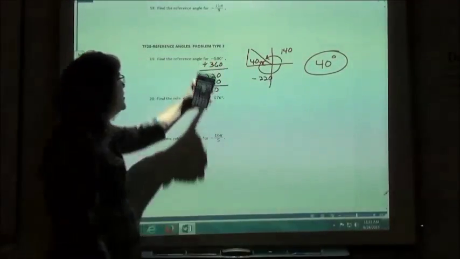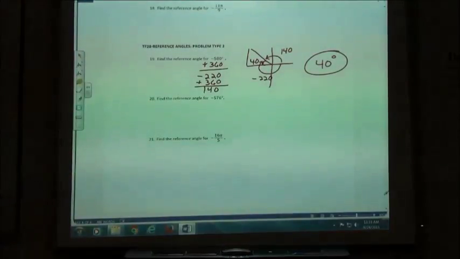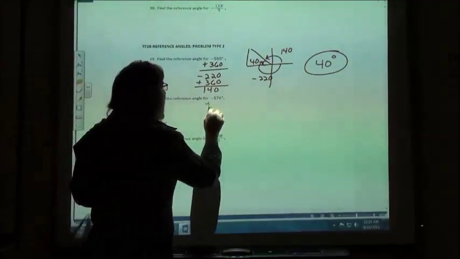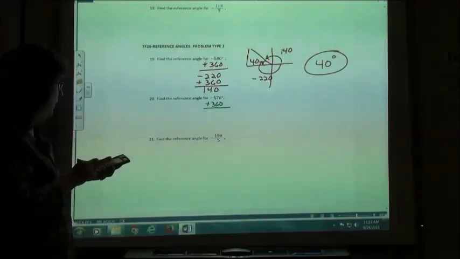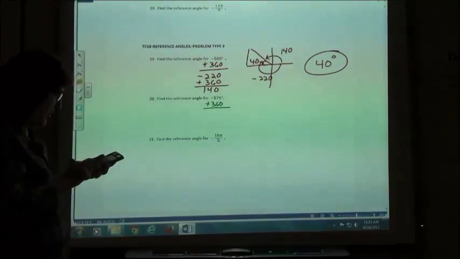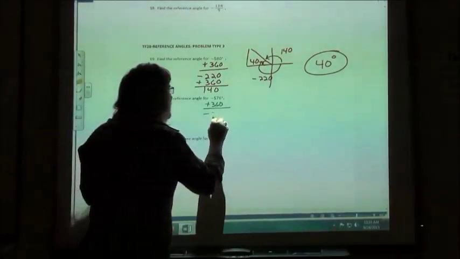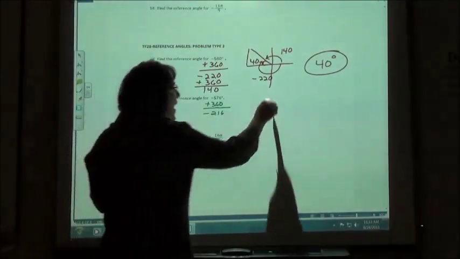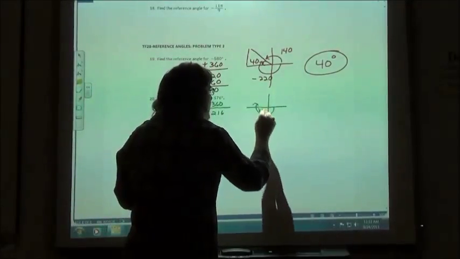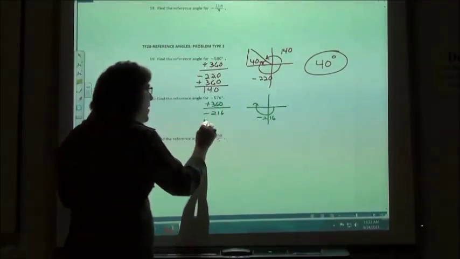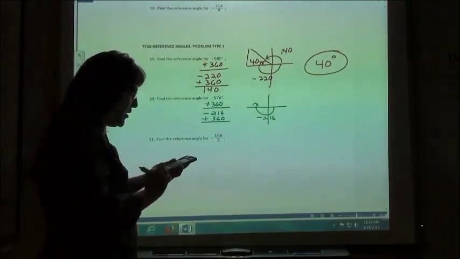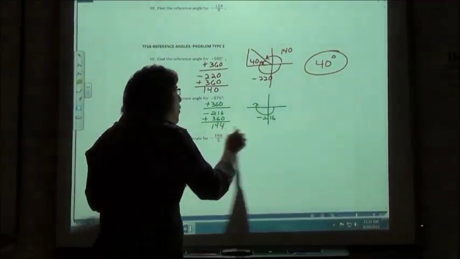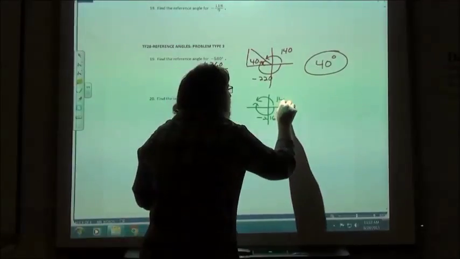So number 20, they didn't change that one a whole lot. I want to find the reference angle for negative 576 degrees. So again, if I add 360, negative 576 plus 360 gives me negative 216. I could just work with that and say, okay, negative 216 goes this way. Or if I add another 360, it's going to give me the positive angle, 144. So this way I'm going 144.